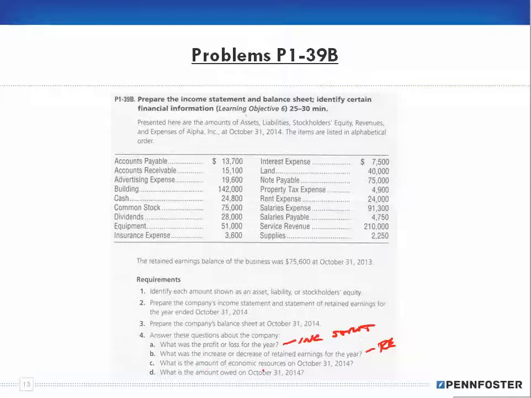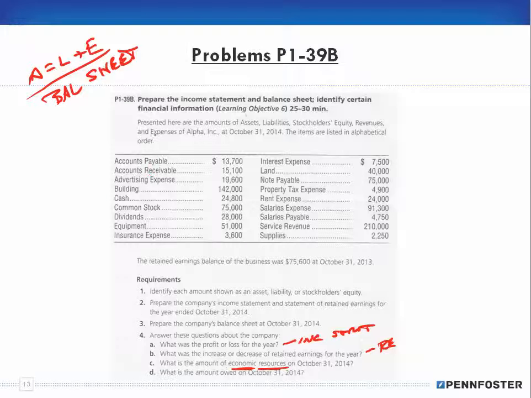C, what is the amount of economic resources on October 31st, 2014? Well, what are economic resources? When you think about assets equaling liabilities plus equity, that's the financial position. The accounting equation is shown on the balance sheet, and that shows the financial position of the company.